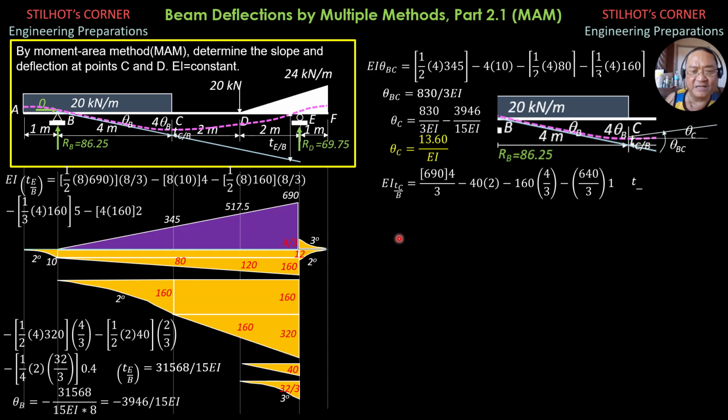So the deviation of C relative to B is still positive, so that's why point C is above the reference tangent at B. Finally, we can now compute delta C.